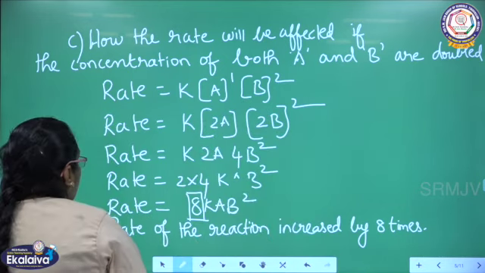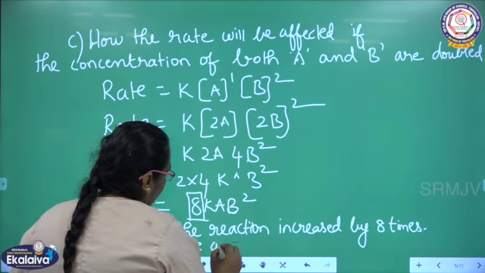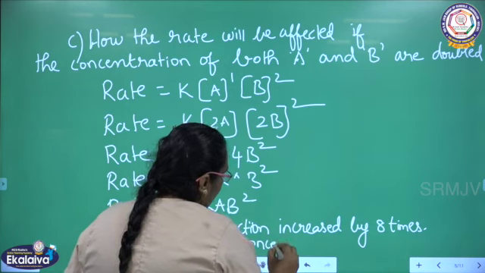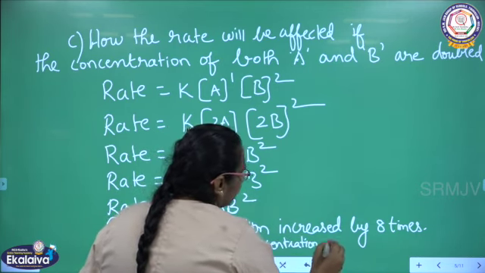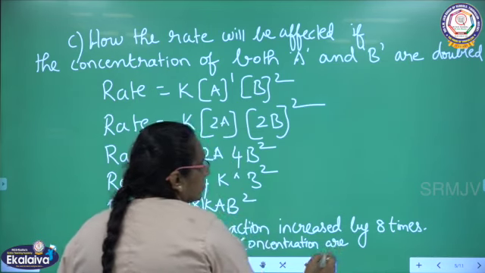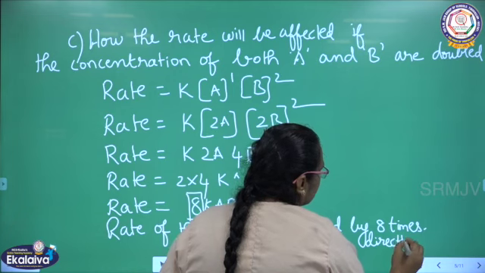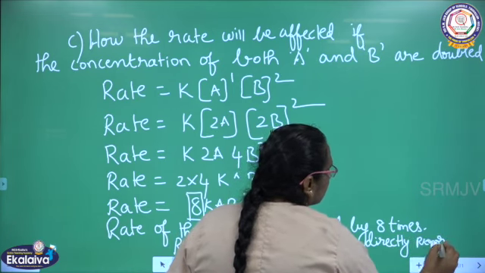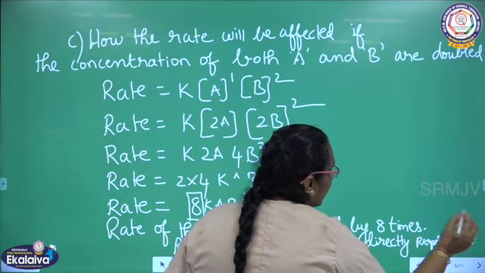So here rate and concentration are directly proportional.